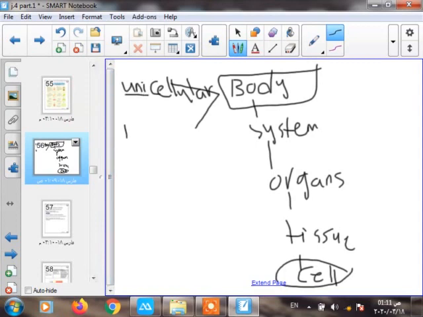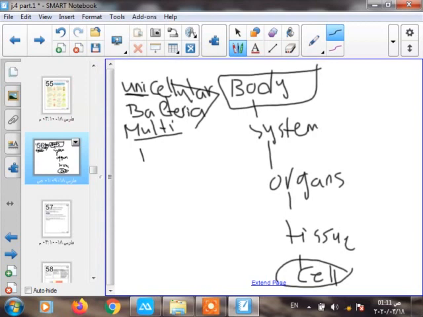And we have multicellular living organisms. Multi means more than one cell. Examples for unicellular: bacteria and fungus.